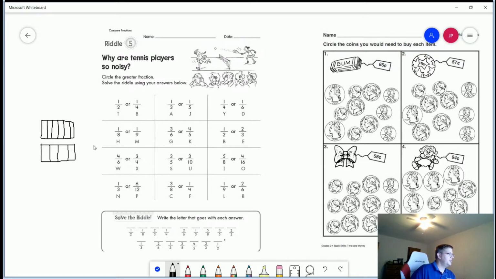Some of the other ones are a little bit more tricky. So if I'm counting the first 4 parts of this versus 3 parts of this, you can use that to kind of help you. So I am going to shade in this amount here. And I'm going to shade in this amount here.